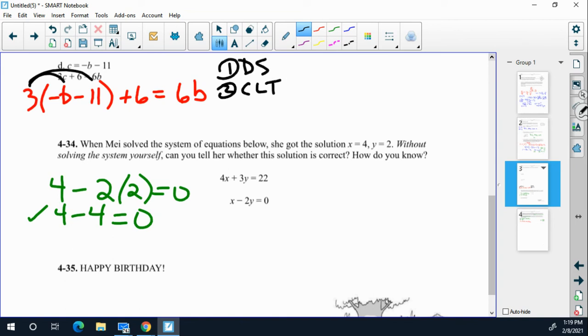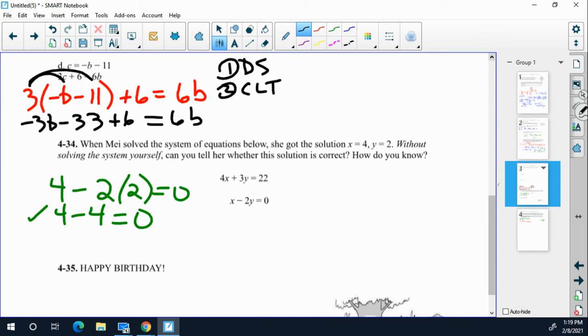So it's 3 times negative B. What should you say, Carter? 3 times negative 11. Yeah. See, that was a B, and I thought it was a 6. It's a B, sorry. My handwriting is not good. If I could write in cursive, it would be better.